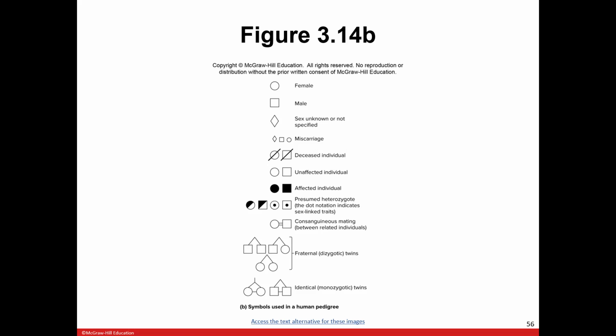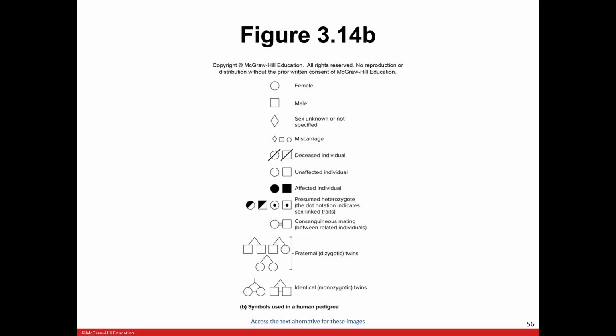The diamond shape is for when sex is unknown or not specified. They use a smaller symbol that shows miscarriage. A deceased individual has a line through them, a slash. Unaffected individuals are unshaded. Affected individuals are shaded in a solid color. Presumed heterozygotes or carriers are going to be partially filled in.